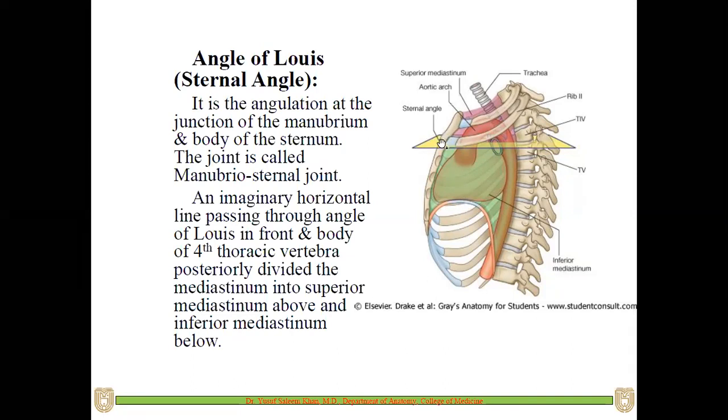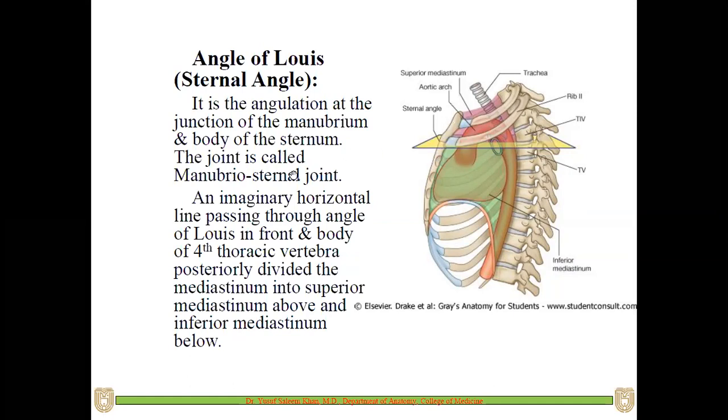So this sternal angle is the angulation between the manubrium sterni and the body of the sternum. They are not in the same plane, but they are angulated. This is a very important anatomical line called the sternal angle, or also the angle of Lewis. It is the angulation at the junction of the manubrium and the body of the sternum.